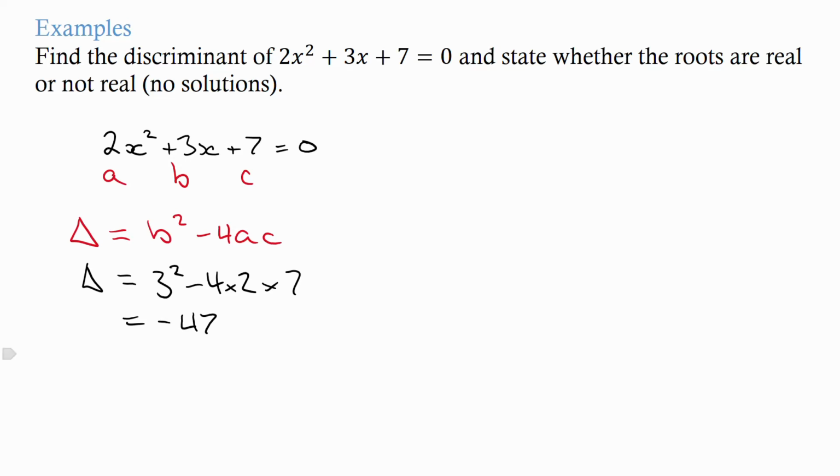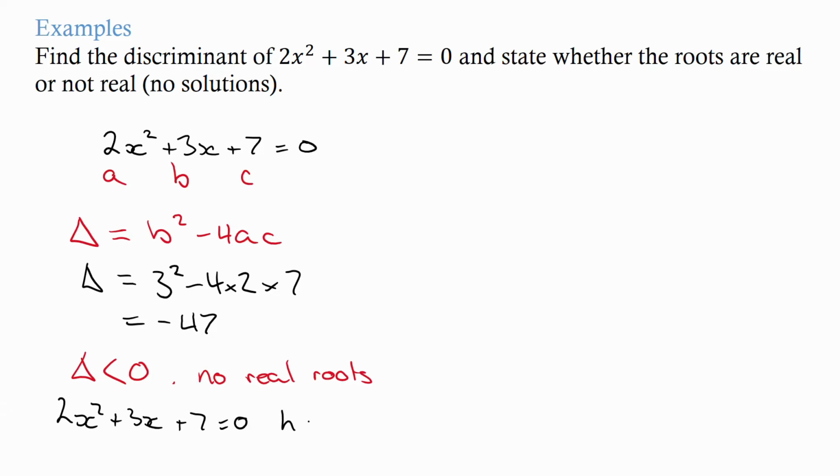And remember, if we have delta which is less than 0, it has no real roots. So therefore, we can say that 2x squared plus 3x plus 7 equals 0 has no real roots.